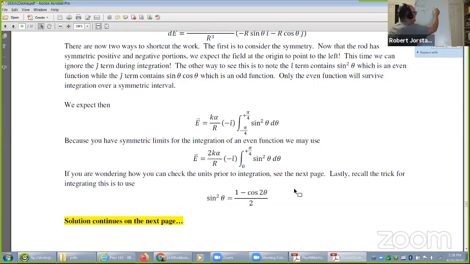Using that old double angle trick. Let's see. I think that's right. Okay, so now, I could do the 1/2 separately.